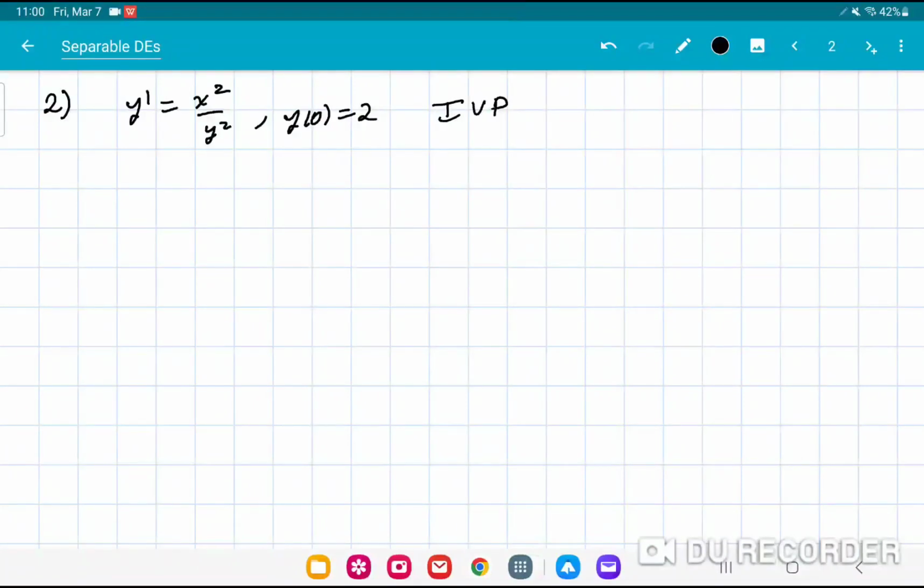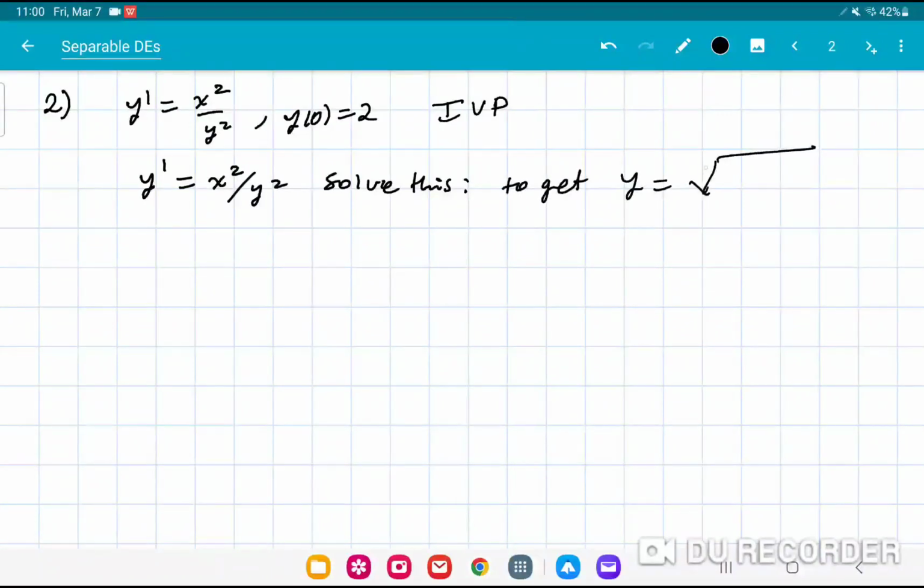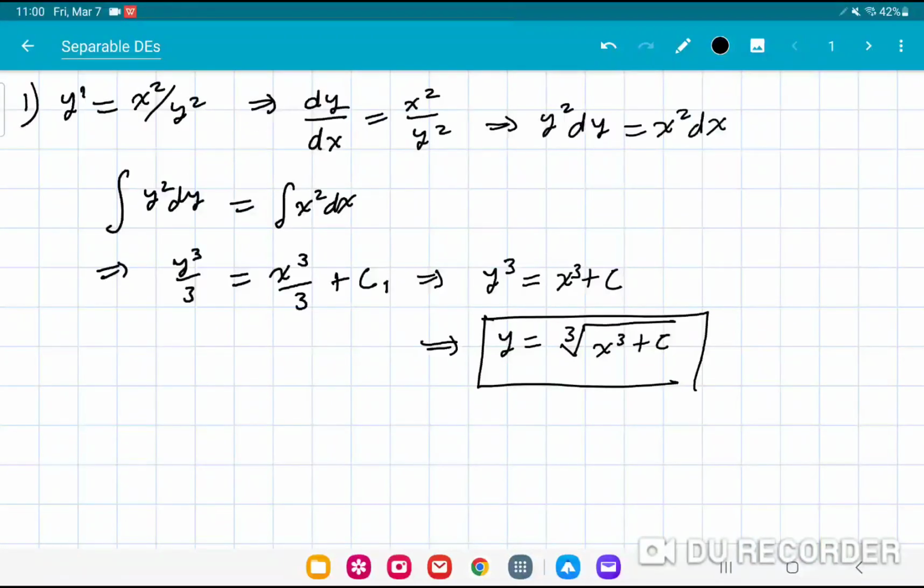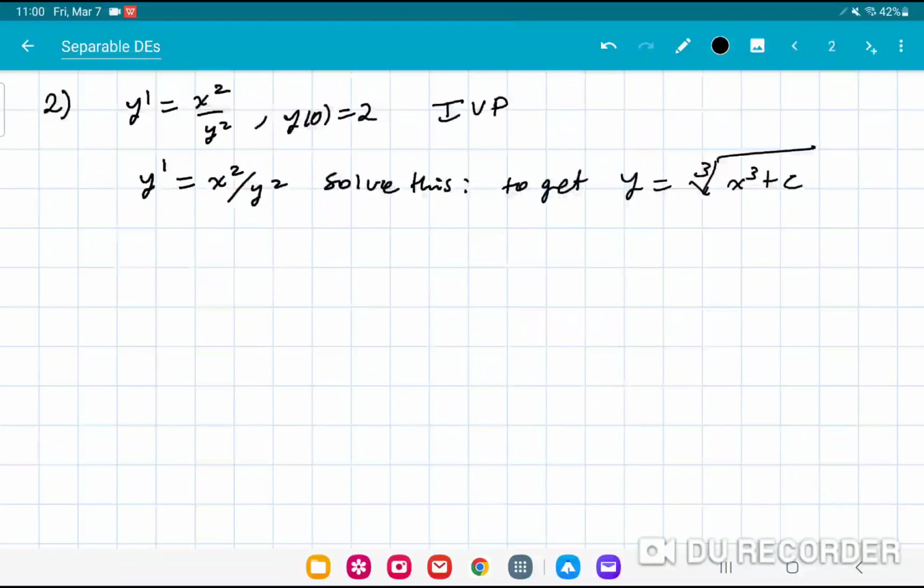So the way to solve this initial value problem is first solve the differential equation to get y equals the cube root of x cubed plus c. This is just the same problem like we had here. So you just solve that.